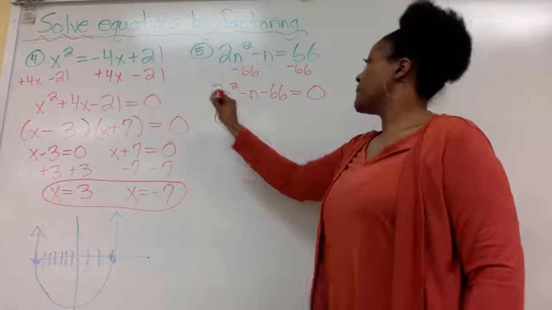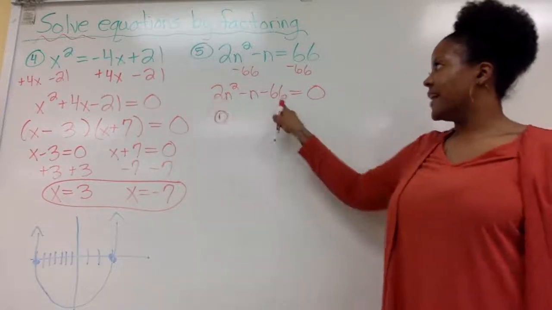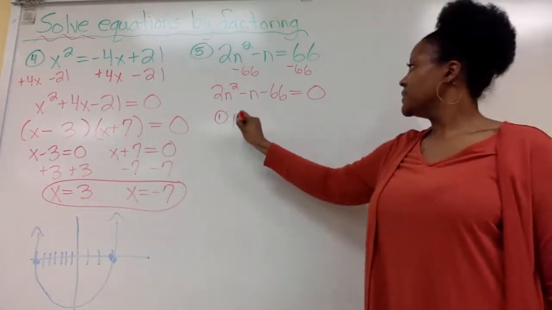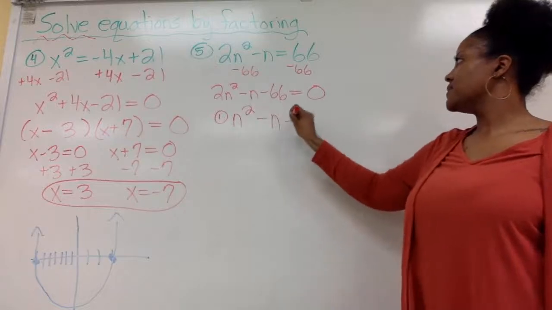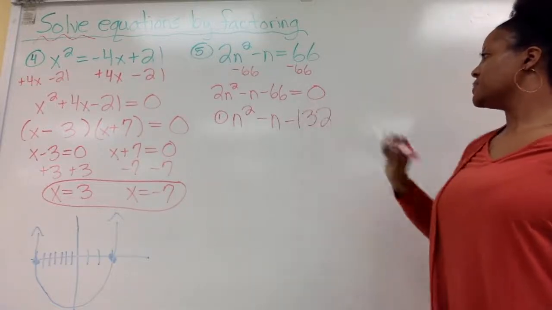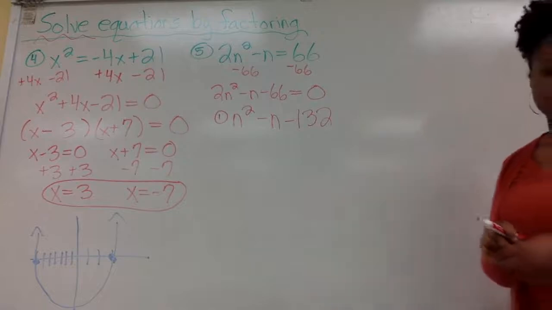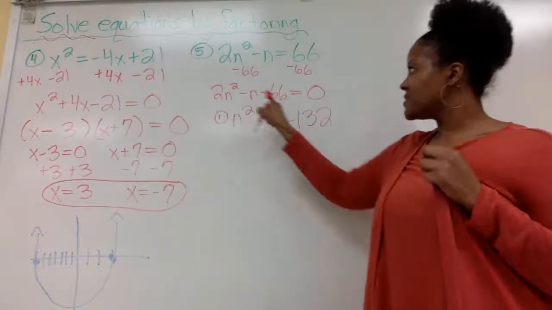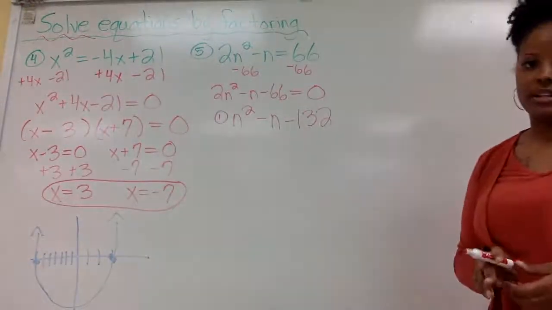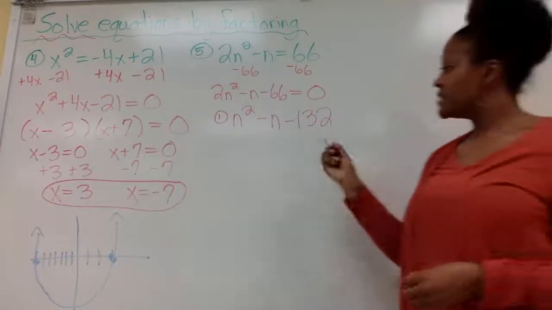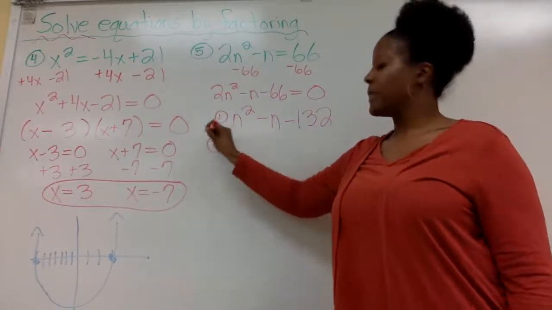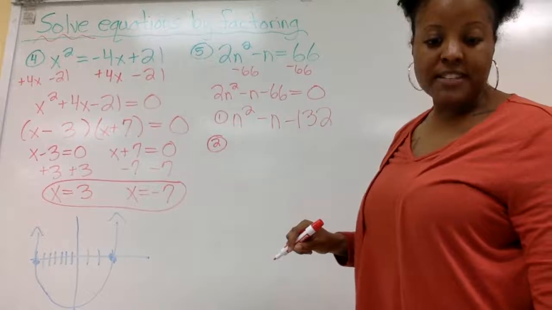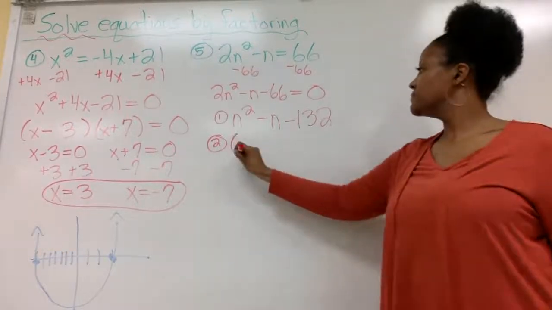So step 1, multiply the first and last number. So n squared minus n, 132. We multiply the first and the last number and bring everything else down. Step 2 says to factor like normal.